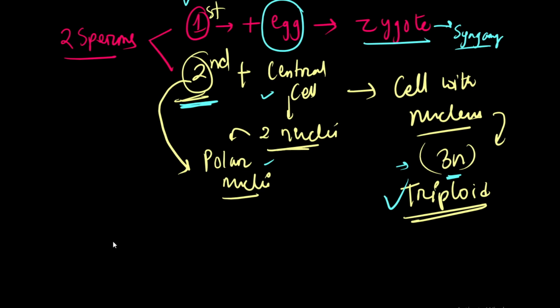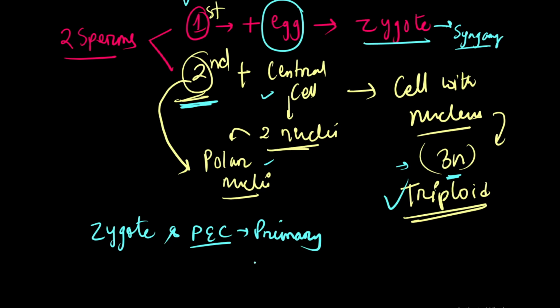So finally, after double fertilization and triple fusion, what happens? We have the zygote and the PEC. What is it? Primary endosperm cell, that is nothing but the triploid cell.